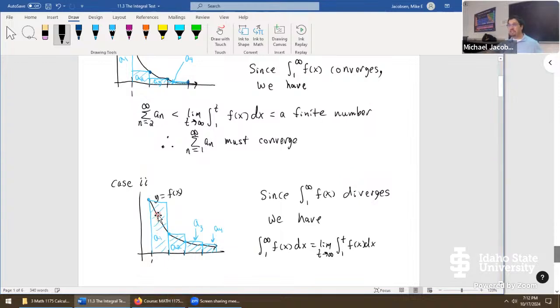This time the integral is smaller in area than all the terms of the sequence. So we would say it is less than the summation as n goes from 1 to infinity of an.